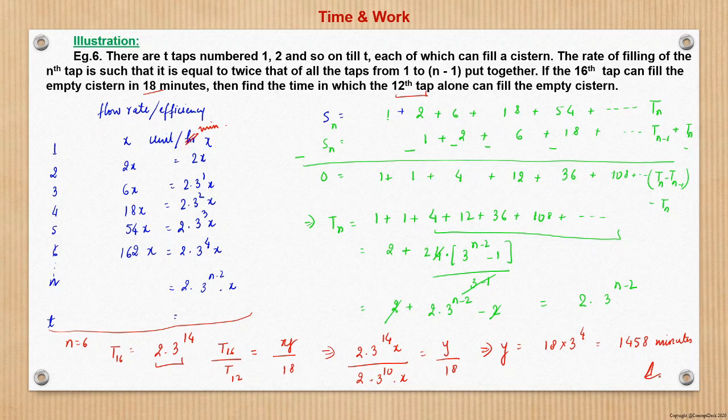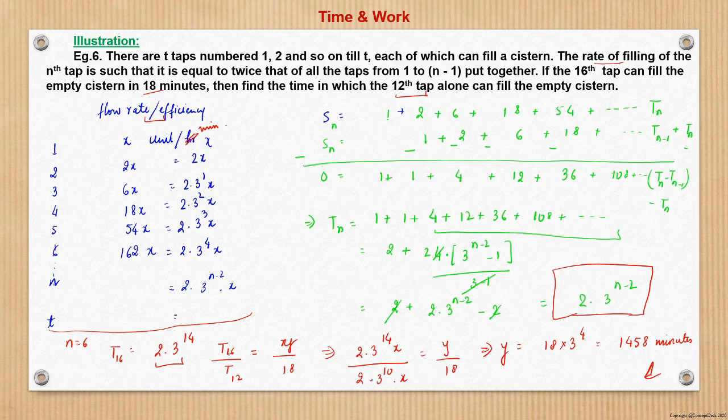So basically what we had to do, we first initially got a progression or a series in terms of efficiency, right? The rate of filling, rate we had got. So that series we could find the nth term. Nth term is generic this 2 into 3 raised to power n minus 2. And further we use the concept that the higher the flow rate, higher the filling rate, lower will be the time taken. So time is inversely proportional.